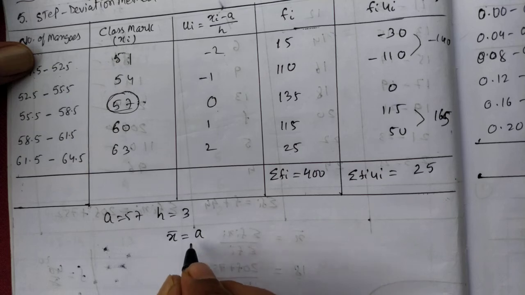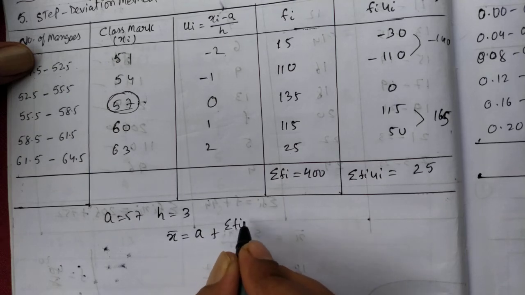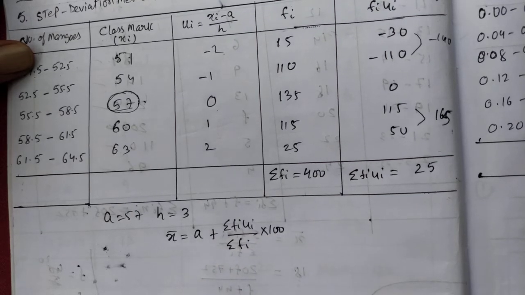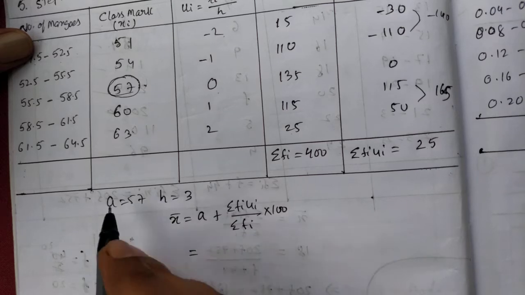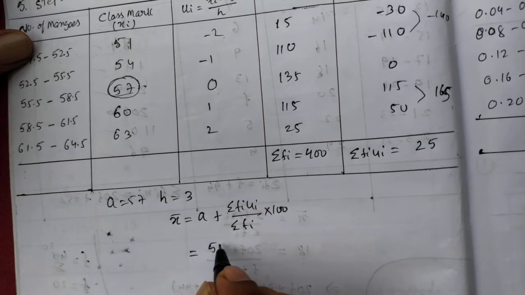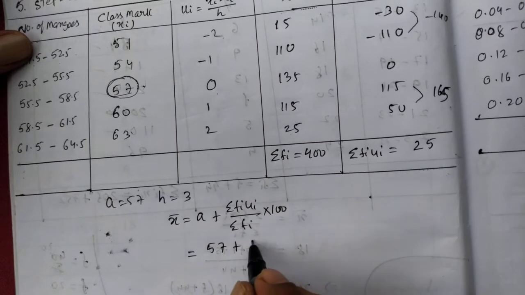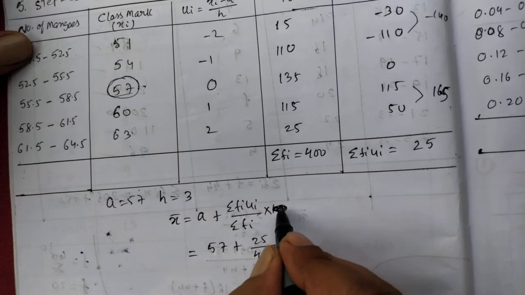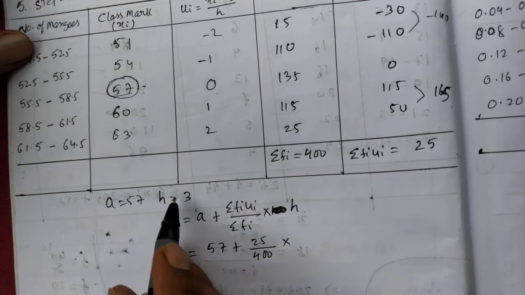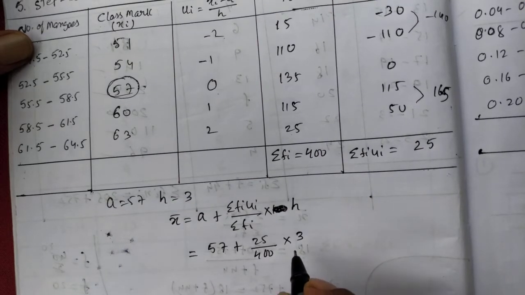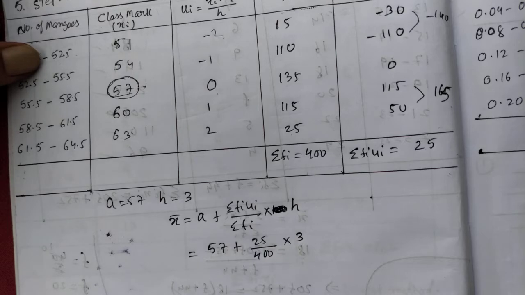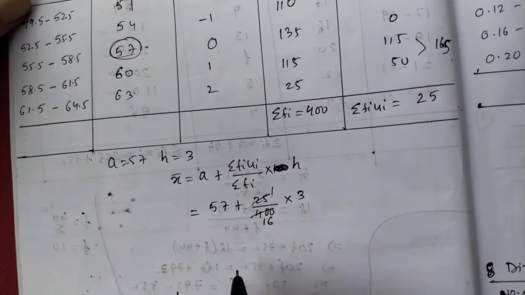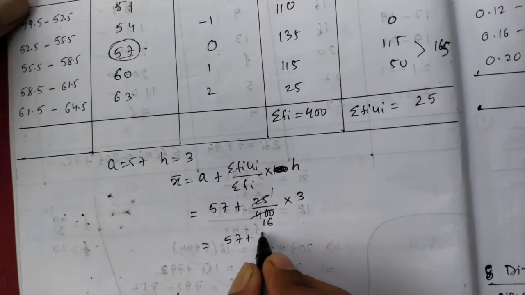Now use the formula of step deviation: mean = A plus summation fiui by summation fi, into h. A is the selected one, that is 57, plus summation fiui is 25 by 400, into h, and h is 3. So you can cancel: 25 one time, 25 times 16 is 400. So we are getting 57 plus 3 by 16.